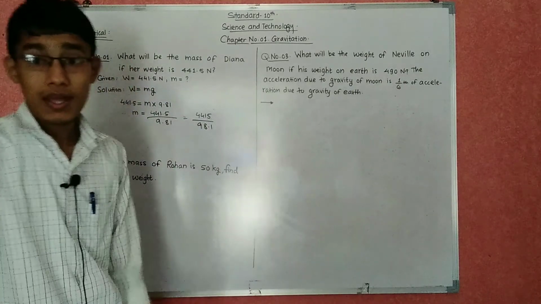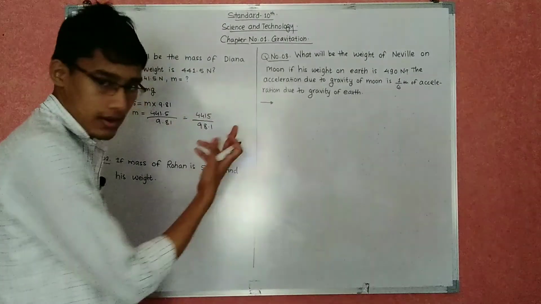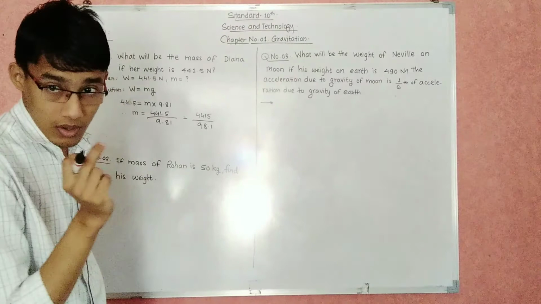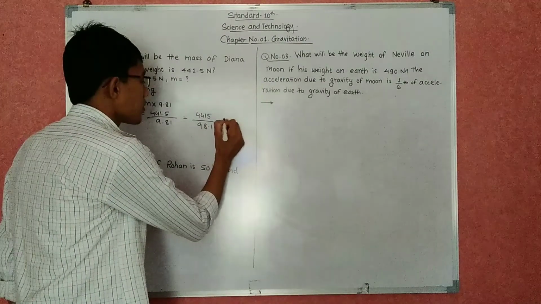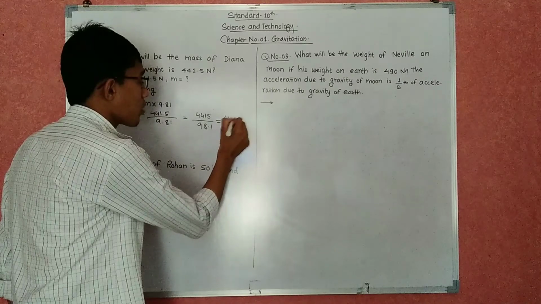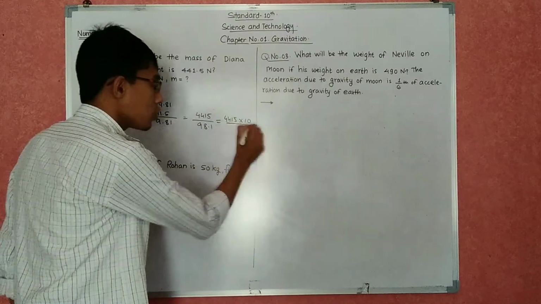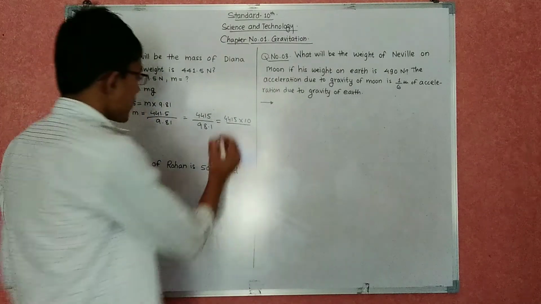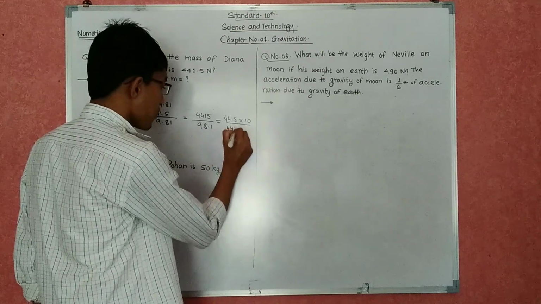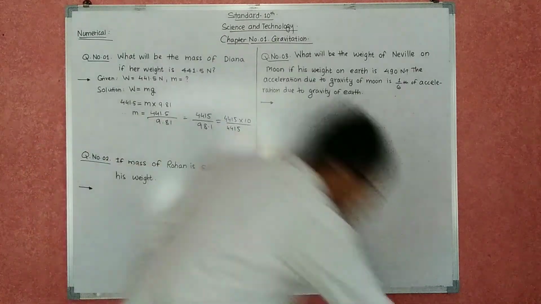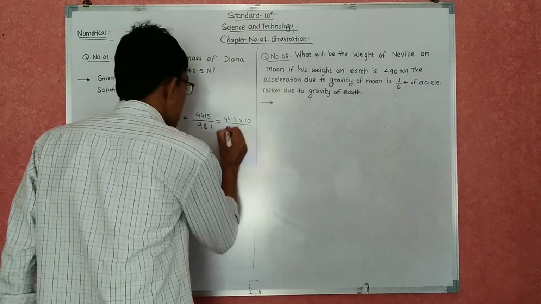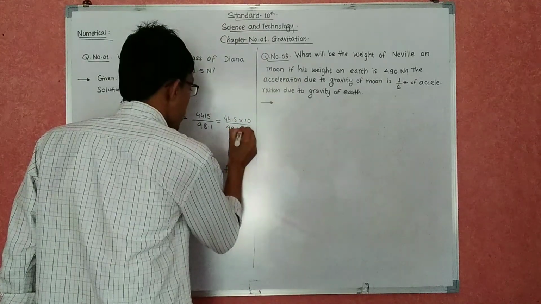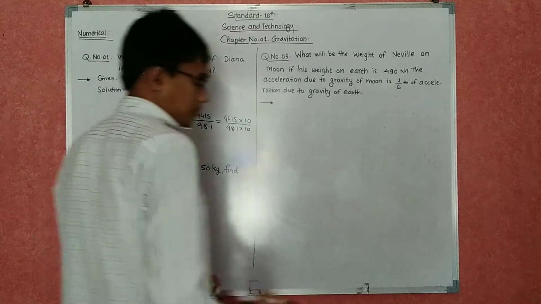Then I will divide and multiply by 10. So that is 441.5 into 10 in the numerator, and 98.1 into 10 in the denominator.